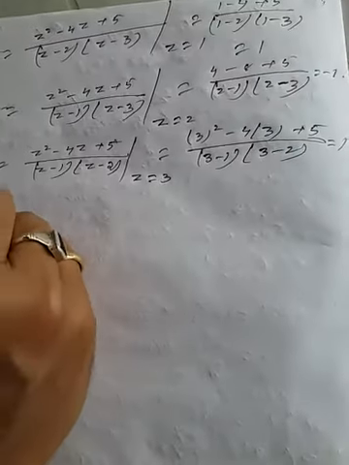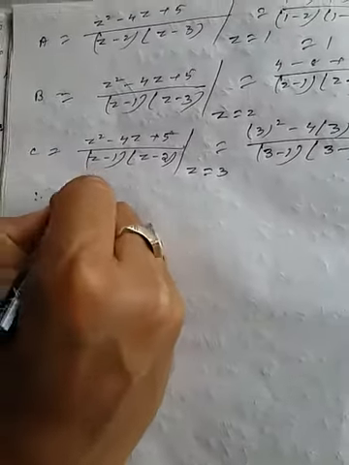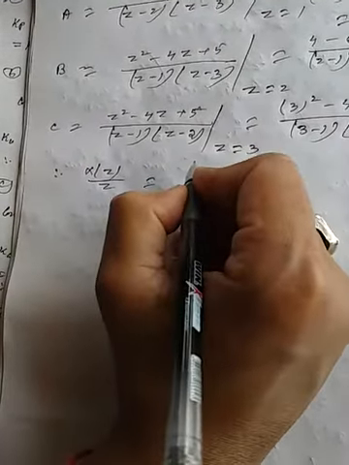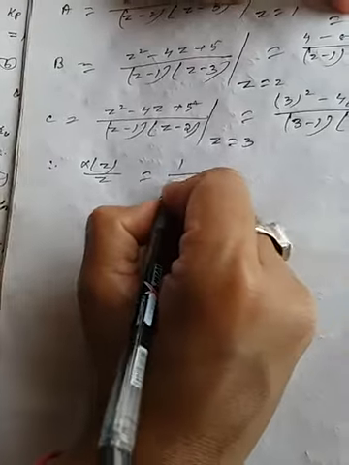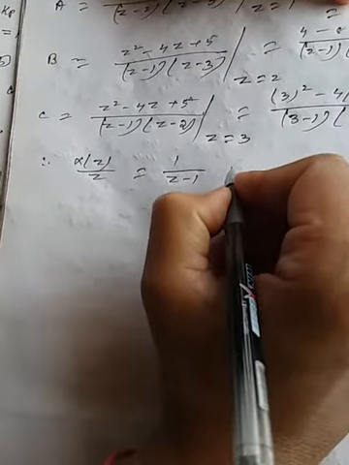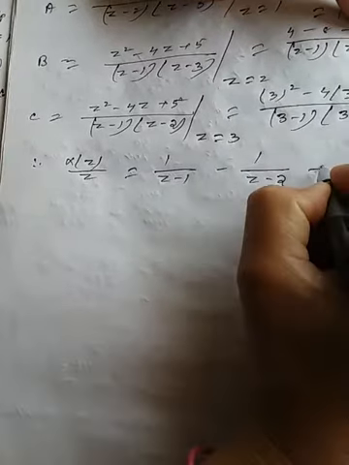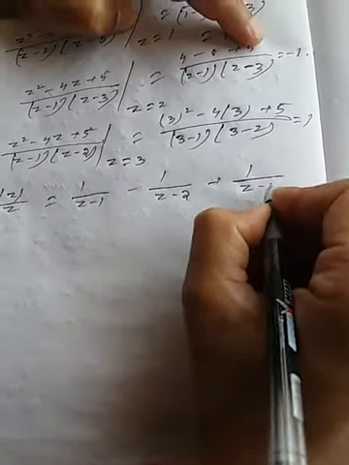So from this we can write that X(z) by z will be equal to 1 by z minus 1, right, minus 1 by z minus 2 plus 1 by z minus 3.